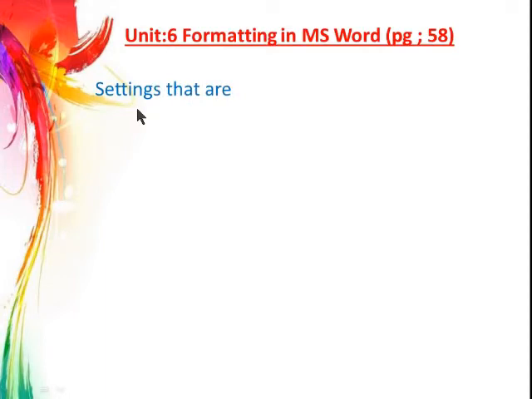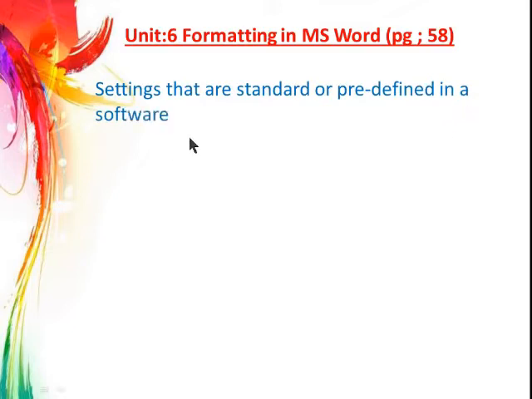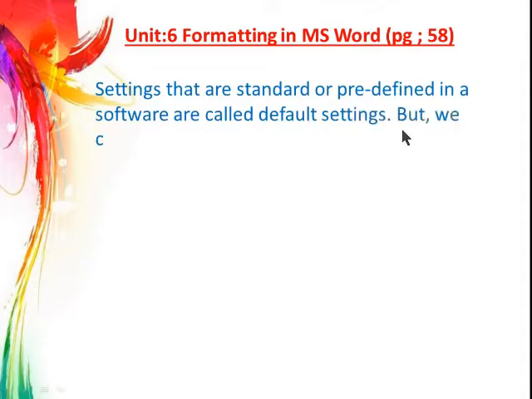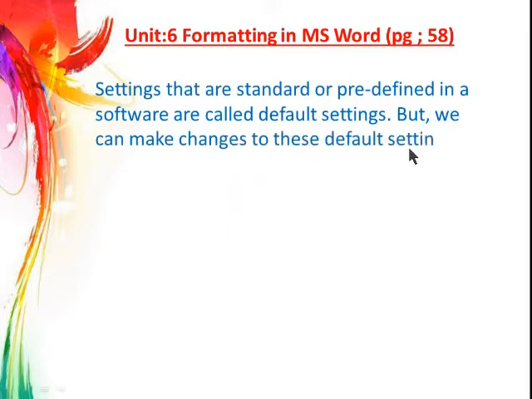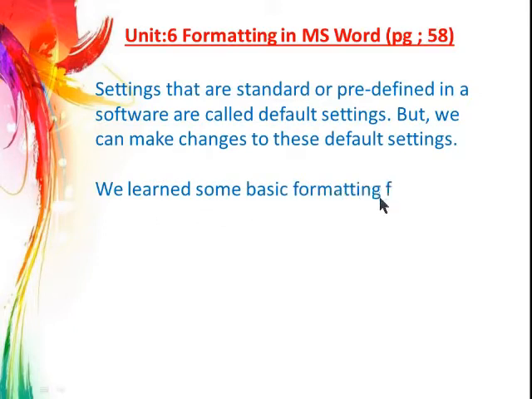See, settings that are standard or predefined in a software are called default settings, but we can make changes to these default settings. We learned some basic formatting features of Word 2013.